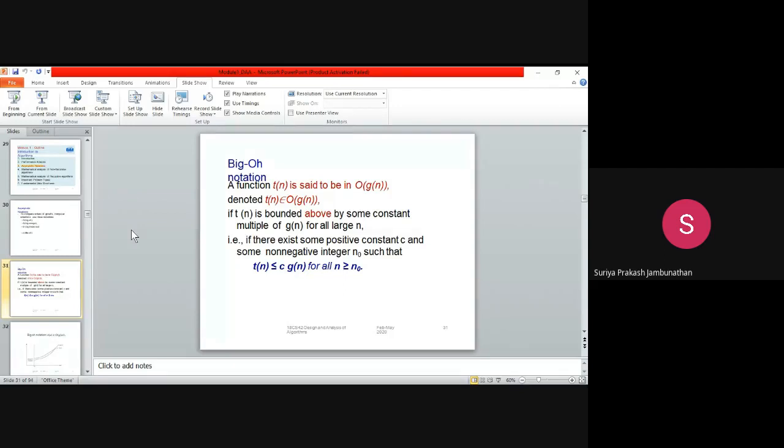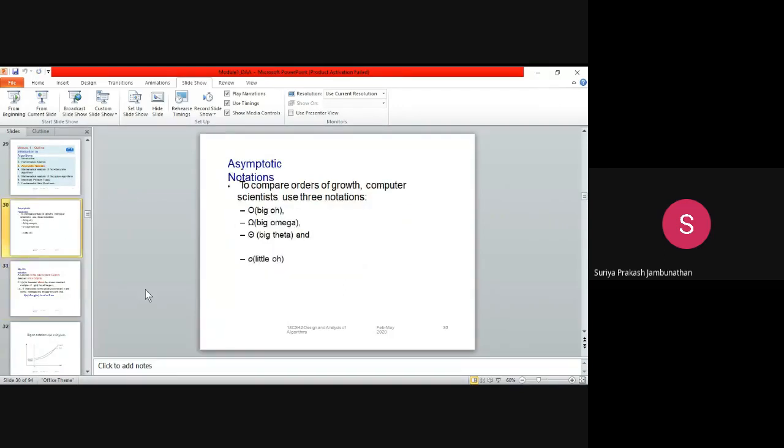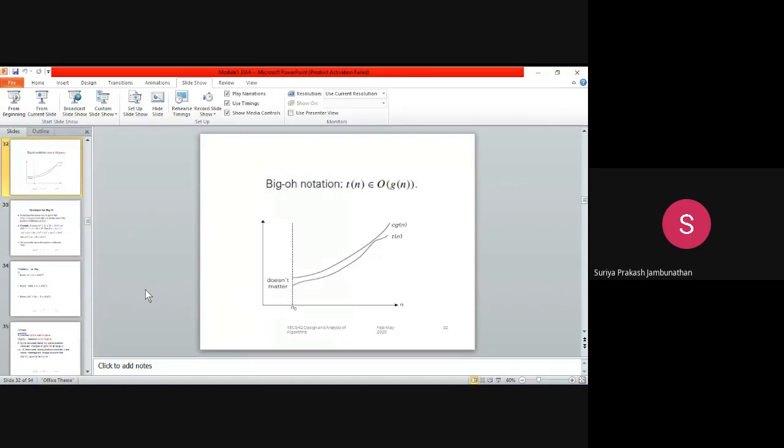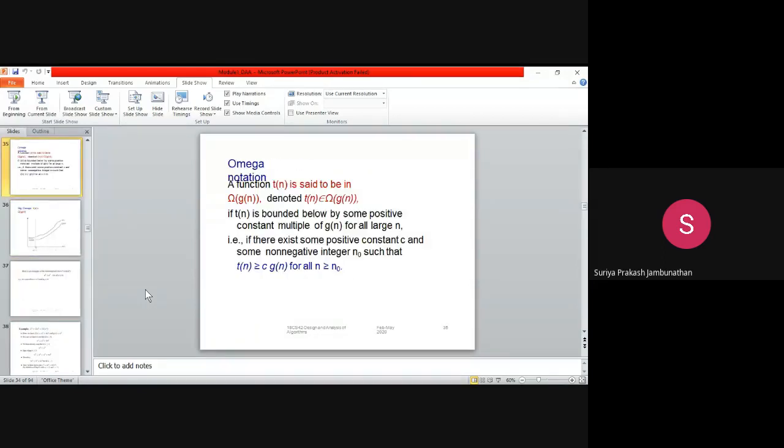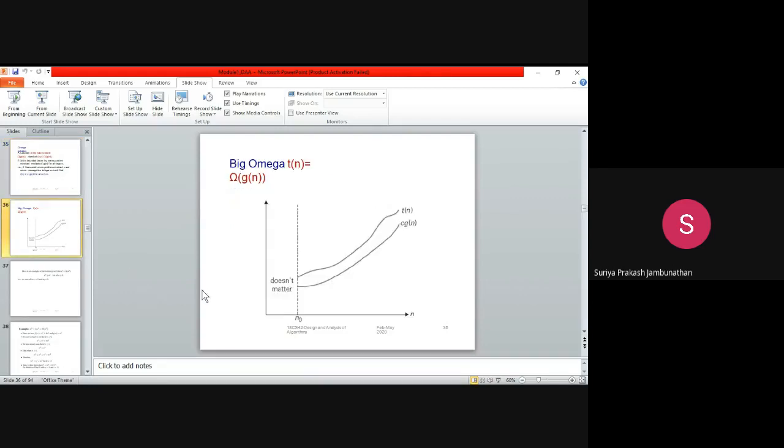In the second case, that is big omega, we have t of n greater than or equal to c of g of n for all the cases. t of n is bounded below by some positive constant multiple of g of n. So here, when you are seeing big O, the first diagram you can see.